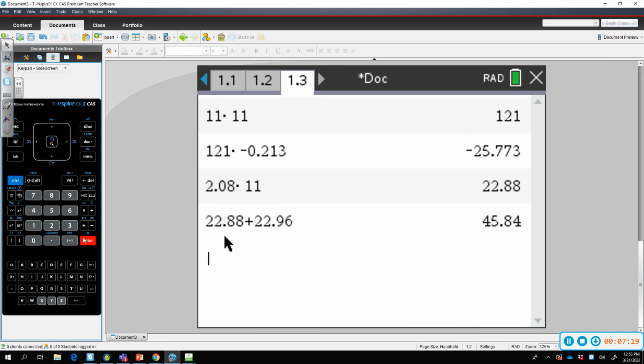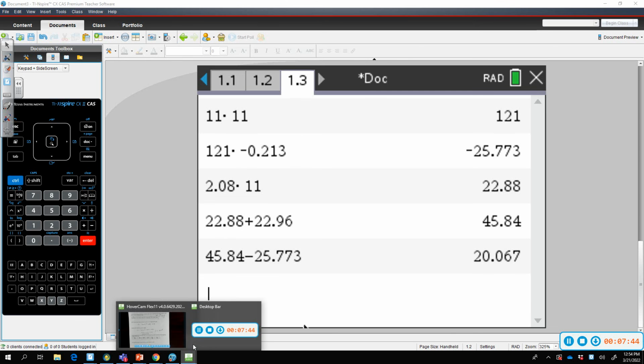So I get 45.84, and I have a negative 25.773. So I'm going to subtract that from that. So the population would be about 20,000. Right? About 20,000. I'm going to round that.